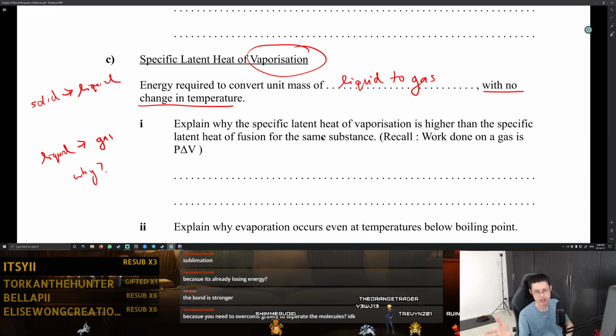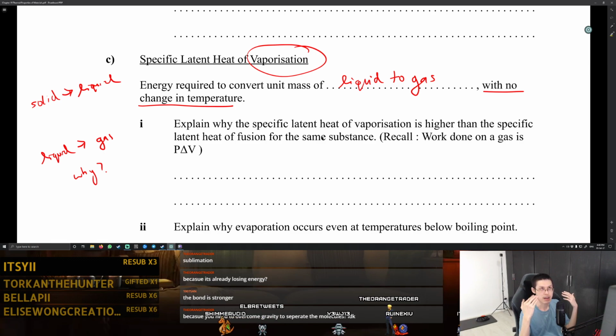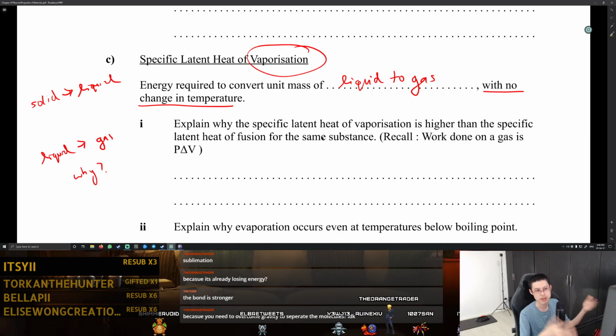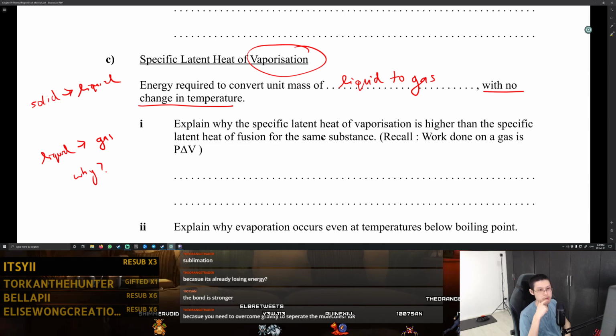You can think of it as the electric forces, like between a positive and negative charge. And the electromagnetic force is so much stronger than the gravitational force. So you can pretty much ignore gravitational forces when it comes to the bond between molecules.